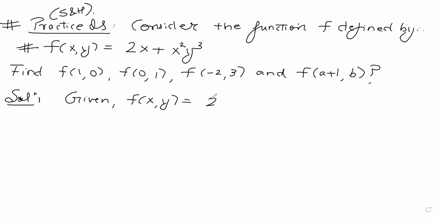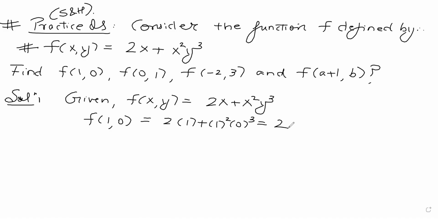we are given the function f of x, y. How will I find out f of 1 comma 0? Put x as 1 and y as 0. Gives me 2. F of 0 comma 1 will be put x as 0 and y as 1. You get 0.